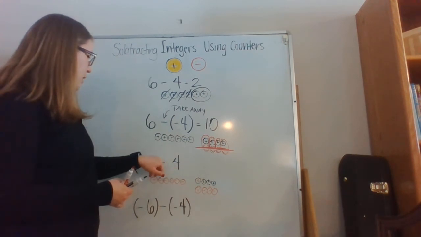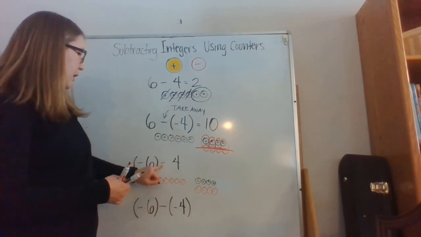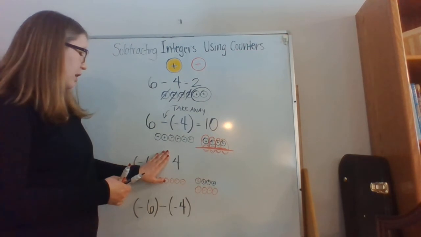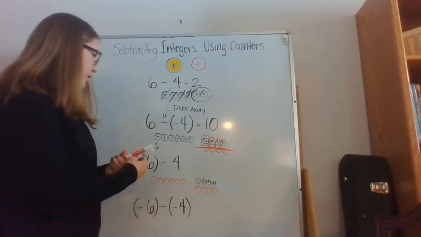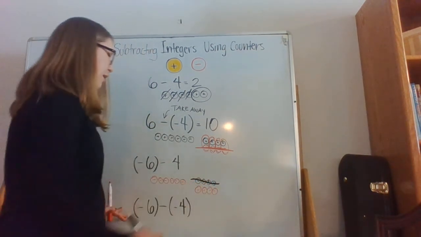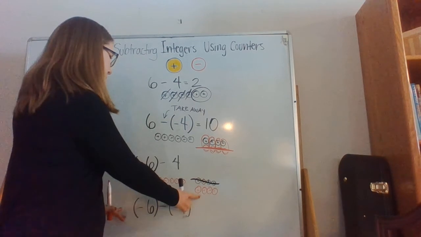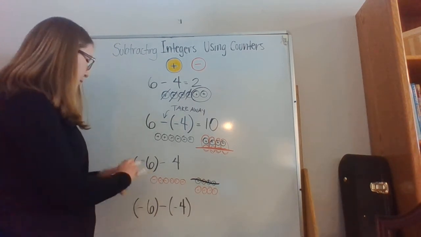Don't be tricked into thinking that this is a negative 4. This is a subtraction sign. When I remove the subtraction sign, this is a positive 4. So I take away positive 4, so I take these all away, and then I'm left with their other half. I'm left with these negative halves of the 0 pairs.